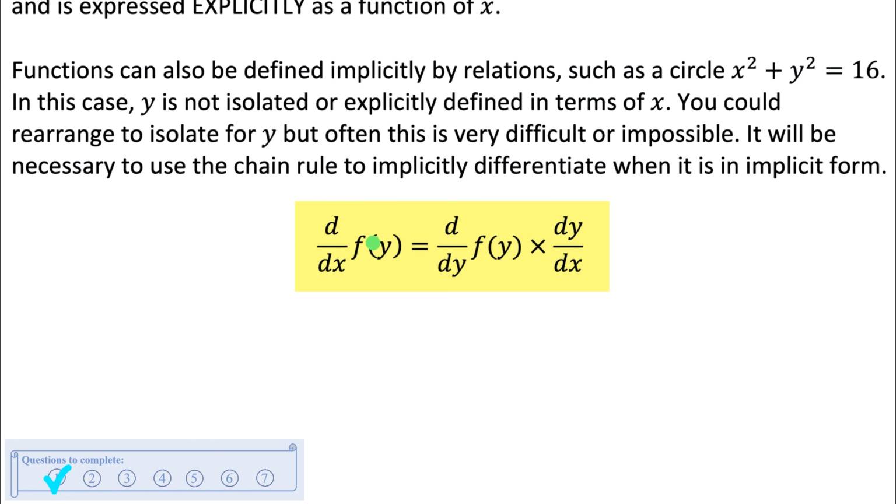To differentiate a function of y with respect to x, we first differentiate it with respect to y, which we're allowed to do as long as we remember to multiply that by the derivative of y with respect to x. So if we have a function of y, but we want to differentiate it with respect to x, first differentiate it with respect to y, and then multiply that by the derivative of y with respect to x. And what happens is those cancel, and we get the derivative of the function of y with respect to x.